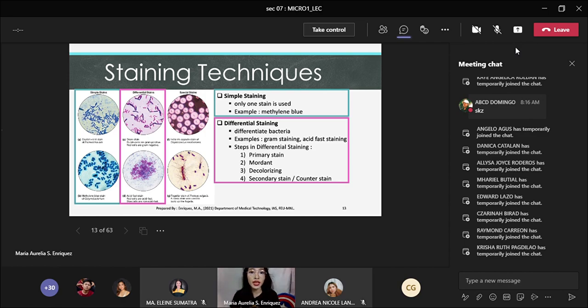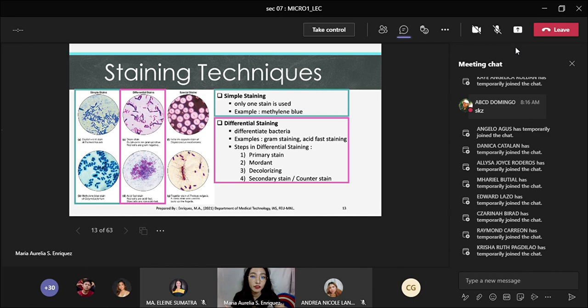And then after washing off the decolorizing agent, finally we apply the secondary stain, more commonly known as the counterstain. So taking for example the process of gram staining. Ayan. So yung mga gram-positive organism po, or for example, if the organism is gram-positive, then they'll take up the color of the primary stain.